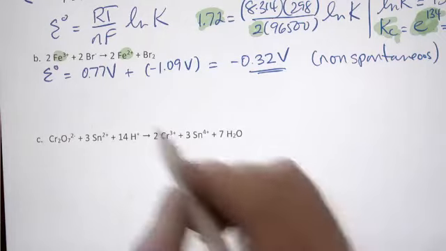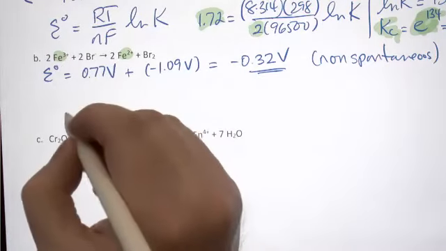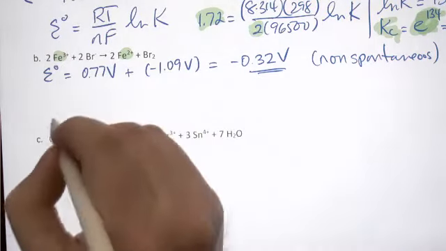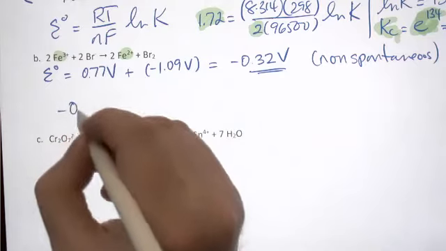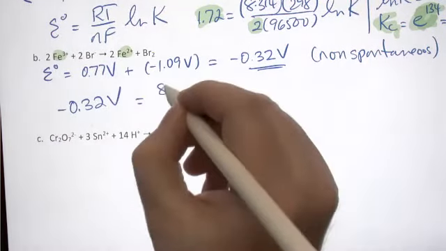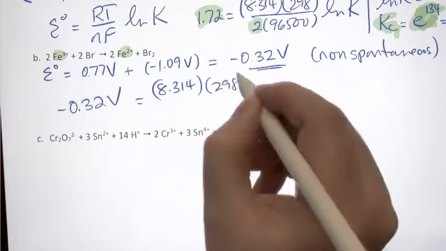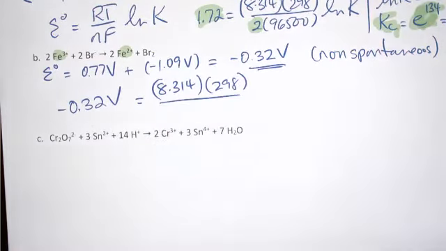So let's go ahead and calculate Kc. I've written the equation in the last question, so I'm not going to rewrite it every time. I'll just plug the numbers in. Negative 0.32 volts, that's my E naught, is RT over nF times the natural log of K. What's n going to be for this reaction? We keep seeing 2, don't we?